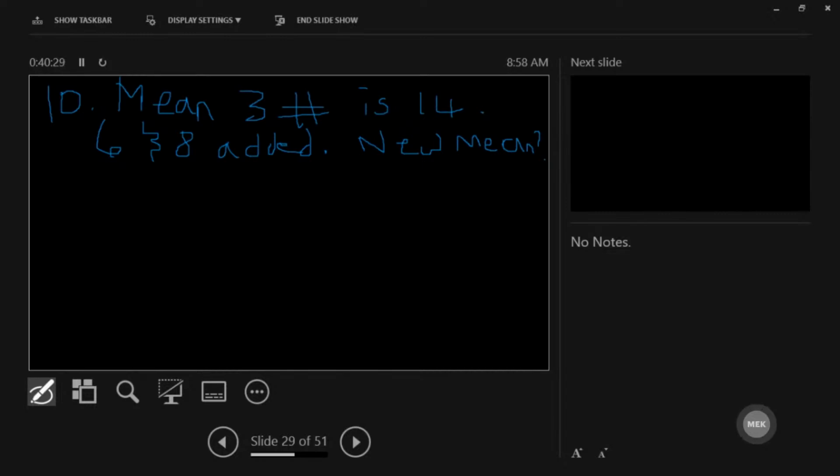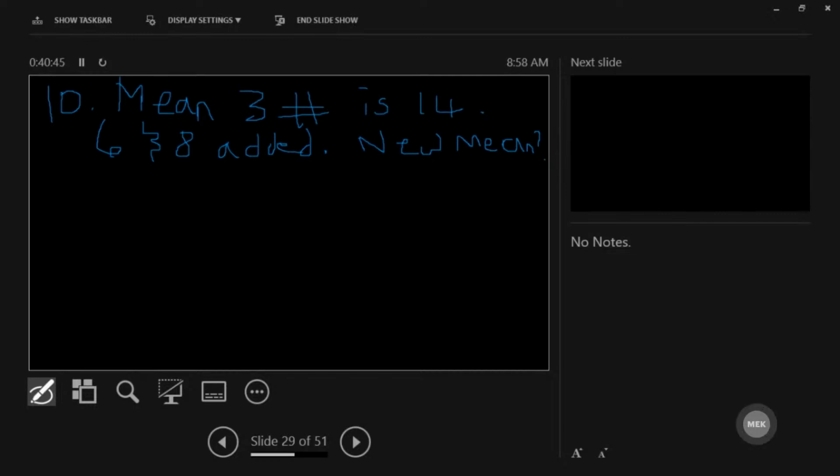So now he's going to get a new total of 56. And then he's going to divide that by 5, because it's now 5 numbers, not 3 numbers, because you added the 6 and the 8.